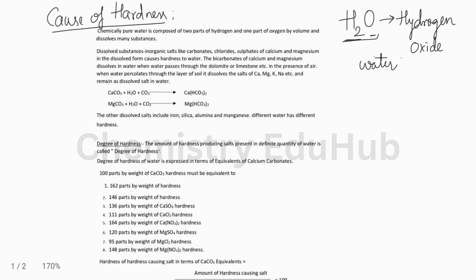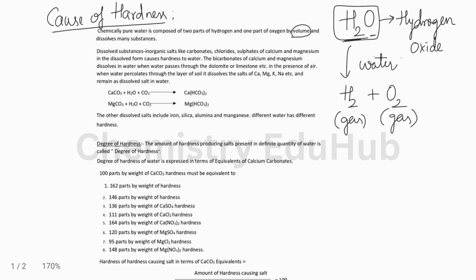So 2 parts of hydrogen combine with 1 part of oxygen by volume. Now what do you mean by volume? Both hydrogen and oxygen are available in the form of gases in nature. So whenever we have to combine hydrogen and oxygen to form water, this is the balanced equation.